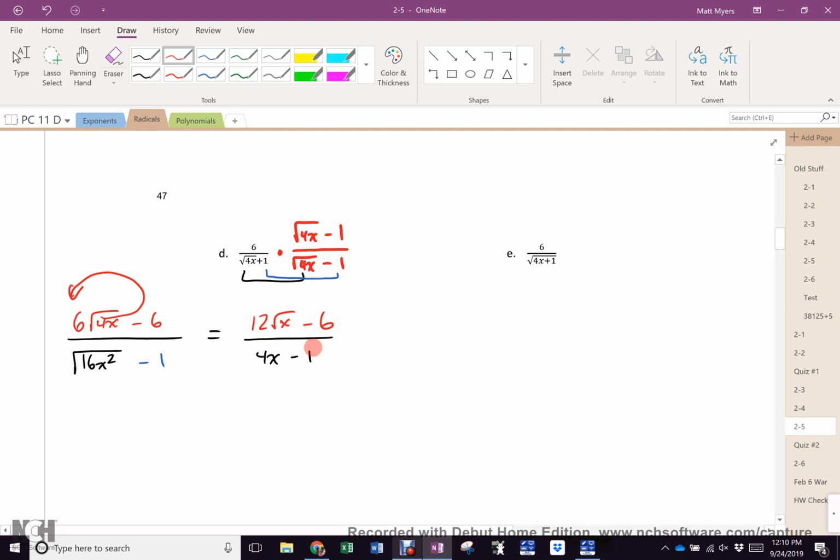So if you got to here, I'd let you go. But is there something you can do with that and that? What works with 12 and 6? 6. So I could bring out a 6, and I'd be left with 2 root x minus 1 over what?